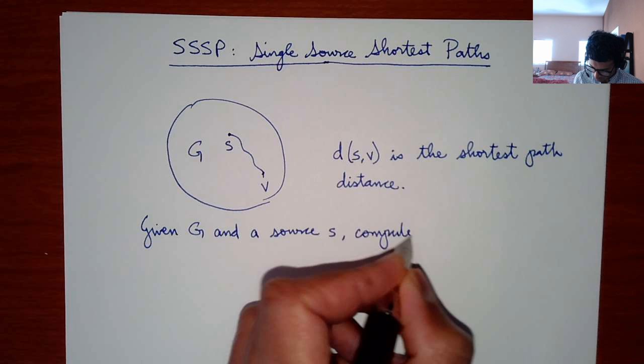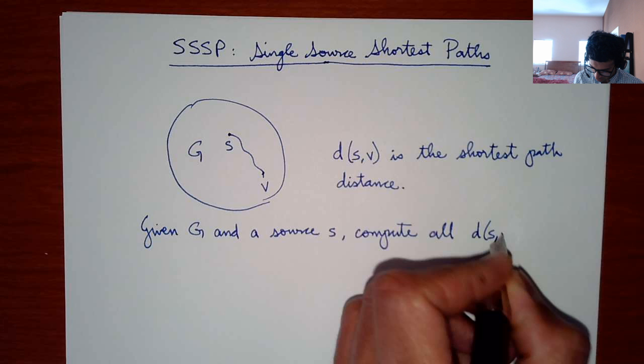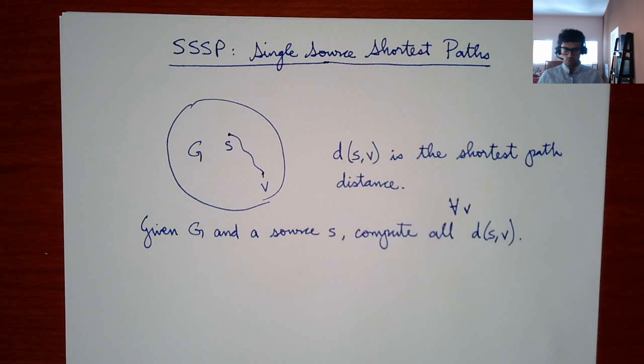Compute all d(S,V), for all vertices V. You want the distance. So you fix a source and you want the distances to all destinations. That's called single source shortest paths.